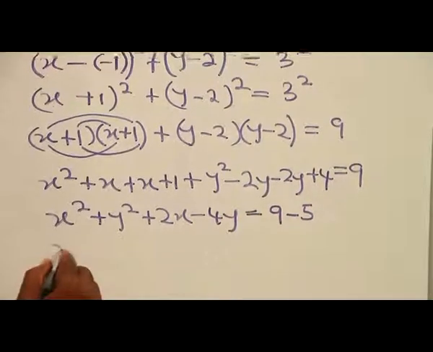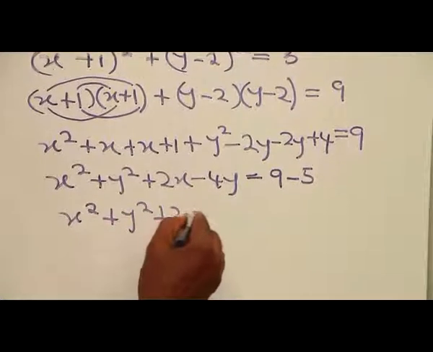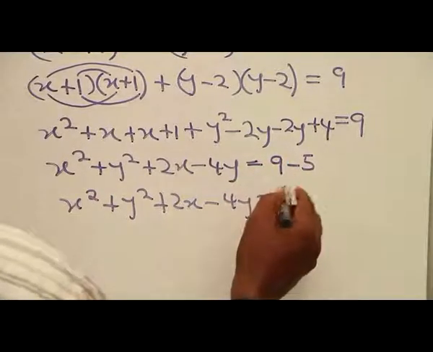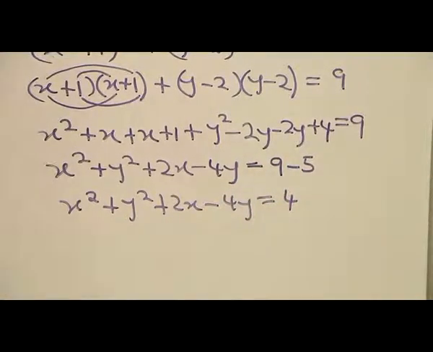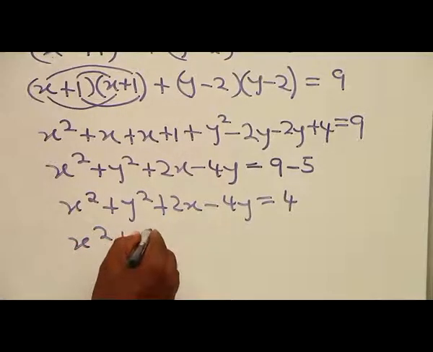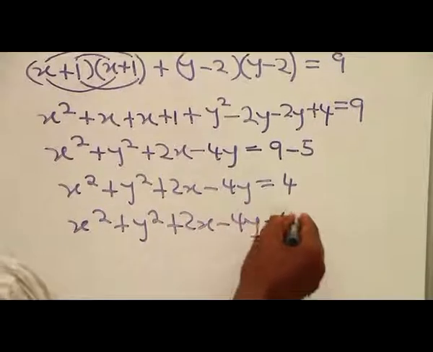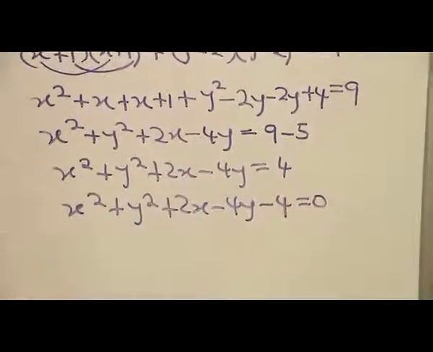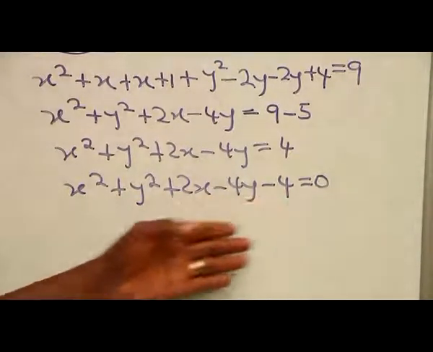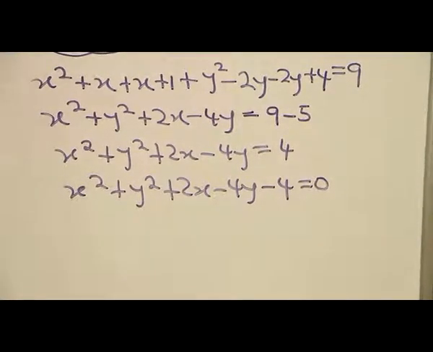And so at the end we have x squared plus y squared plus 2x minus 4y is equal to 9 minus 5, which is 4. Of course, we can also now write it in a more standard form, the general form, as x squared plus y squared plus 2x minus 4y minus 4. Everything is equal to 0. You see now, this is the equation of the circle given the center and the radius.